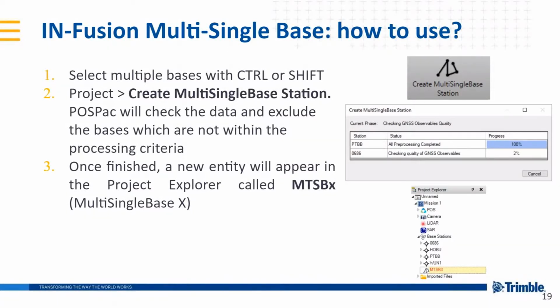For example, if a base is never the nearest base for your trajectory for the whole mission, it will be excluded. Once it is finished, a new entity will appear in the project Explorer called MTSBX, so multi-single base X.